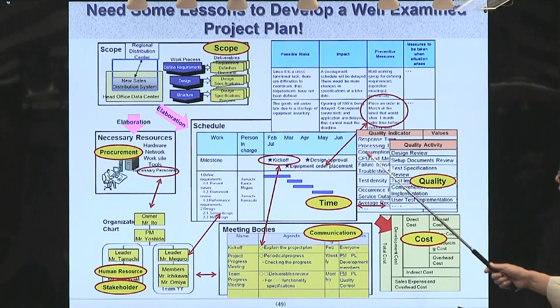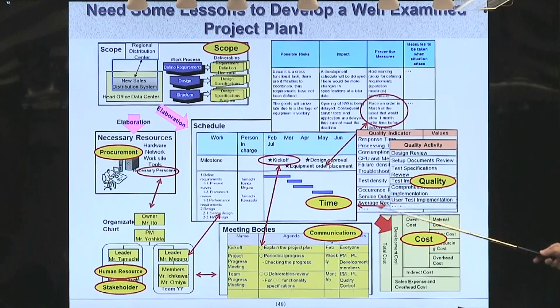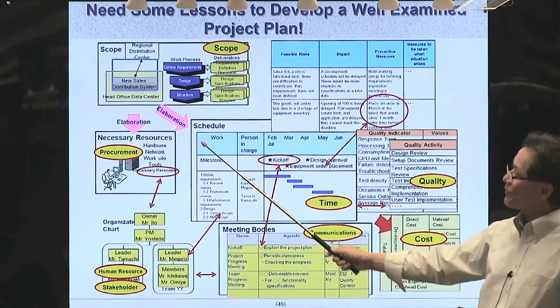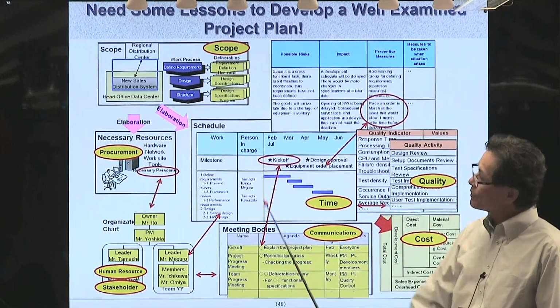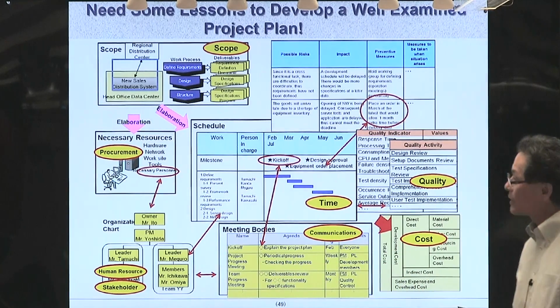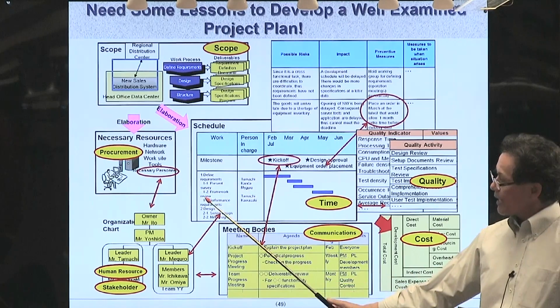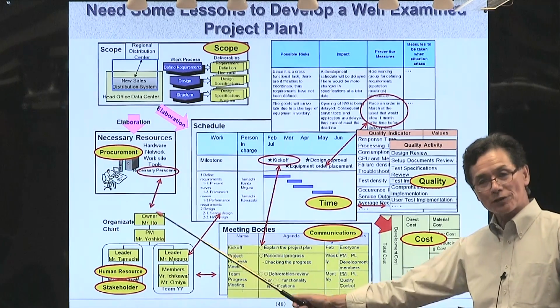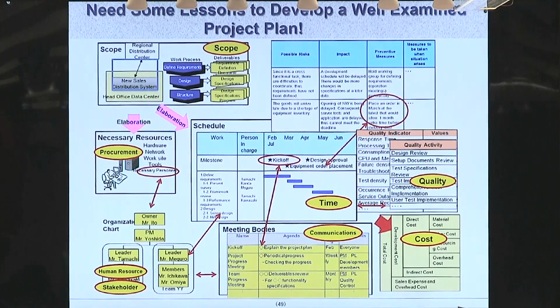You have a WBS or schedule in the center. This chart needs to reflect your scope, and this reflects necessary resources, and this has to reflect members and groups from the project organization, and some actions or tasks have to reflect countermeasures for preventive actions.